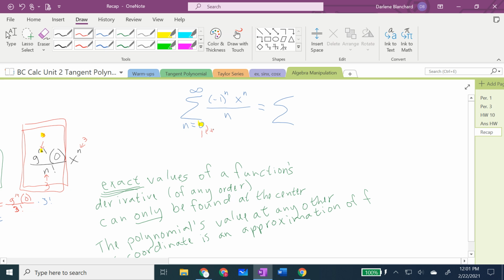So I am adding 1 to my starting n. I can compensate by substituting into every n that I have the compensation of n minus 1.